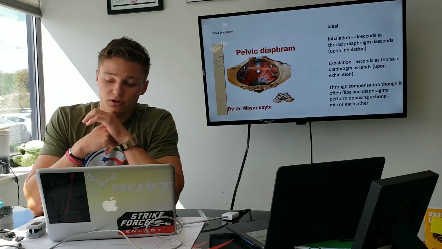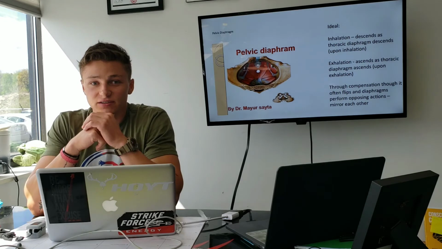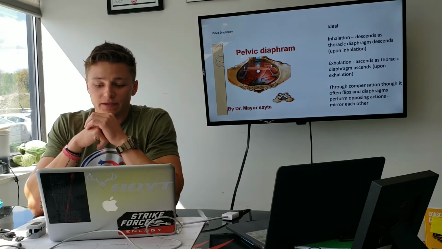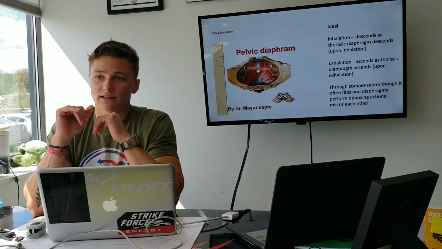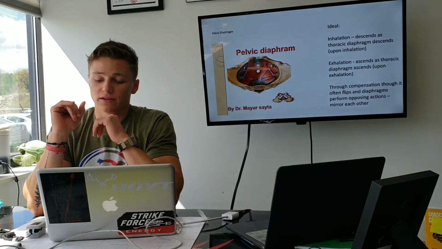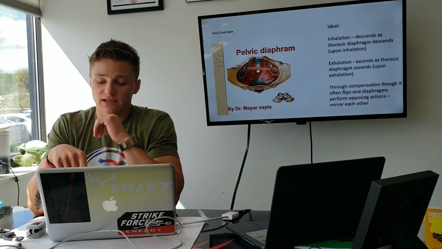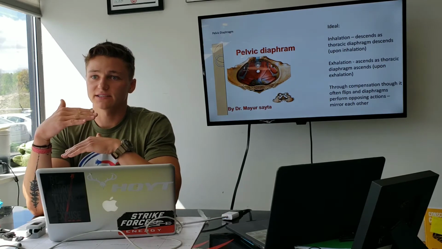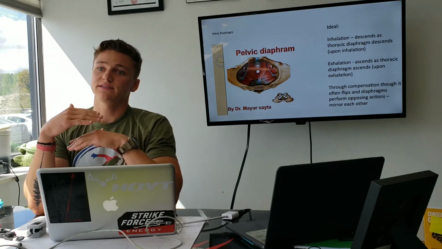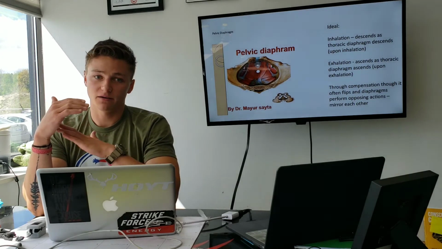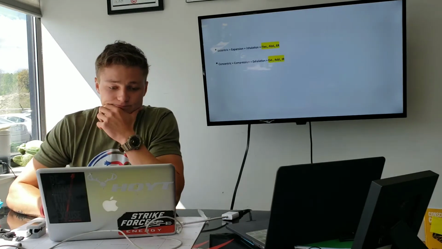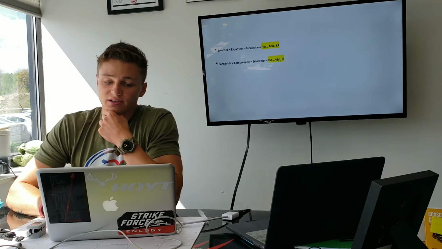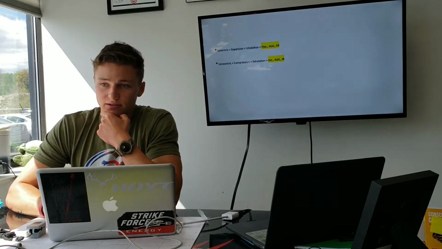But through compensations, it's very common to see that flip, so that they have opposing actions, like as the thoracic diaphragm is going to ascend, the pelvic will descend, and vice versa. Now into the motions. Does that make sense?